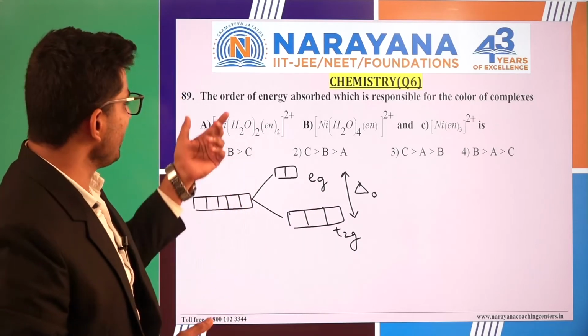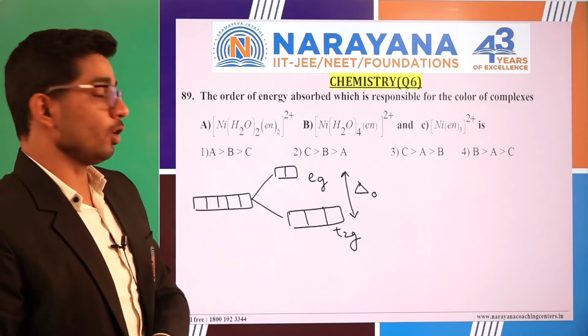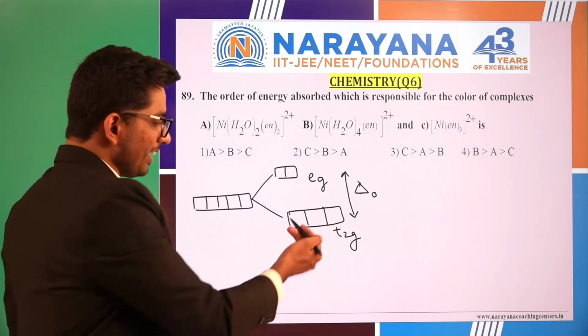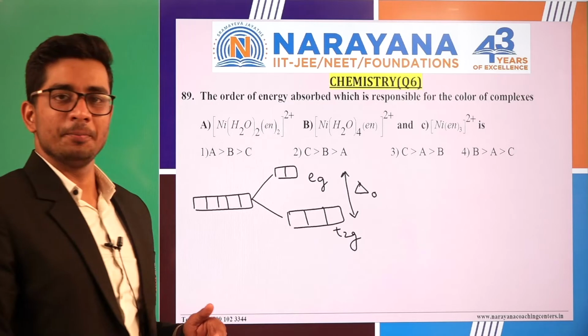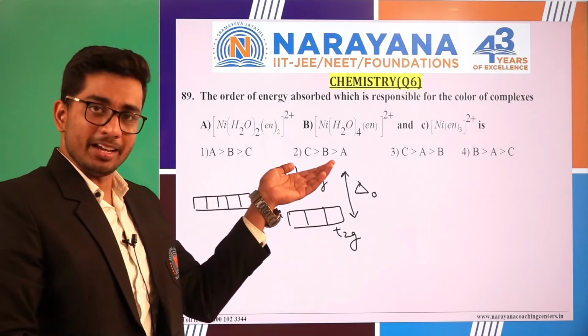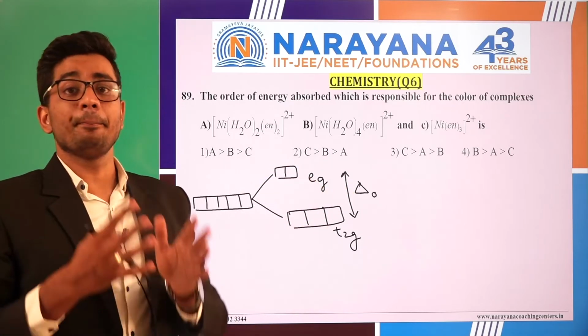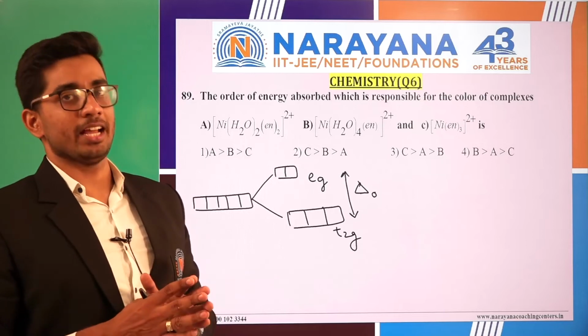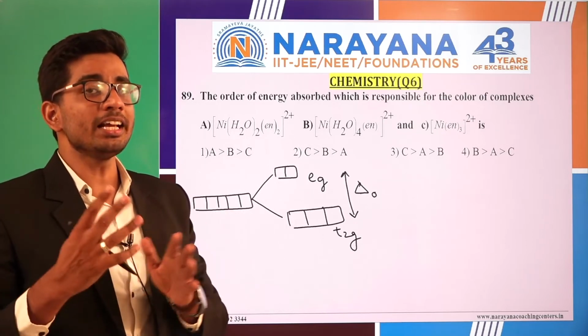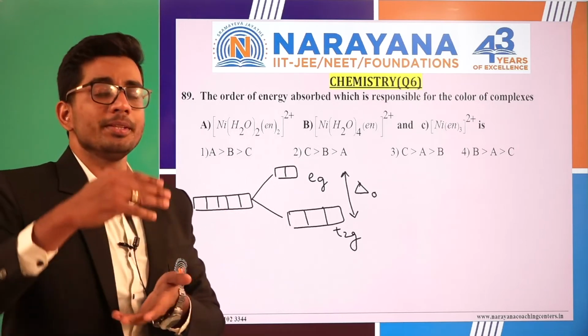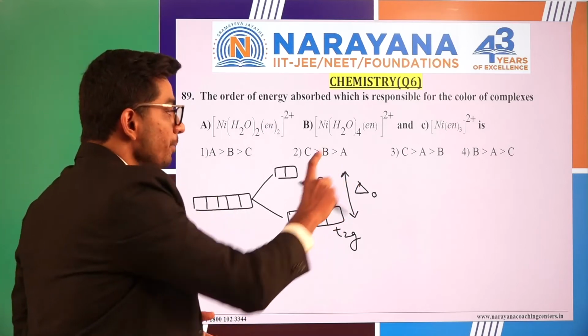So here we can see the order of energy absorbed. Suppose when an electron is in the T2g orbital, it will be jumping to the Eg, and this splitting depends on the type of ligand that we have. The stronger the ligand, the more the splitting and the larger the gap.